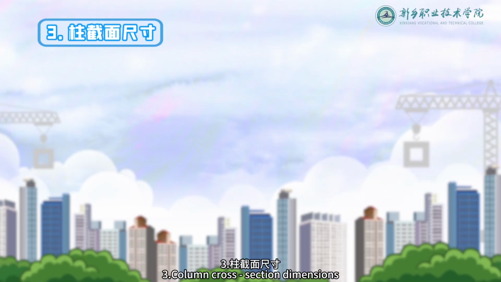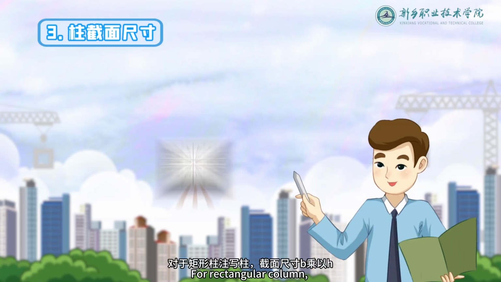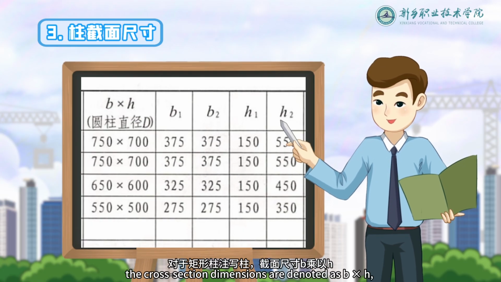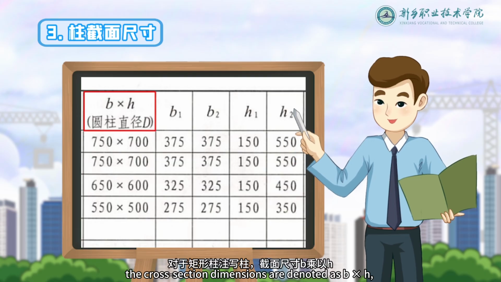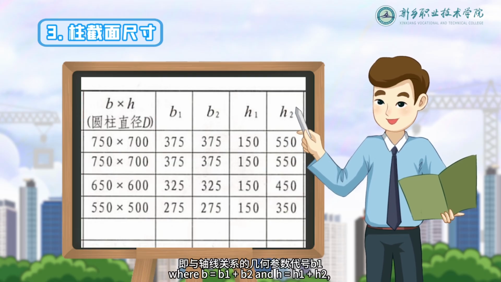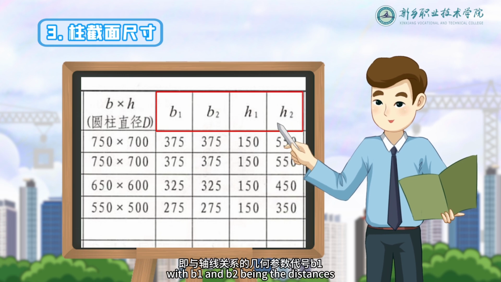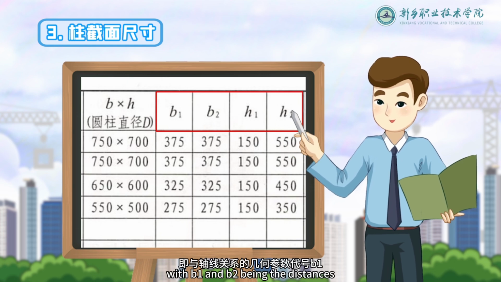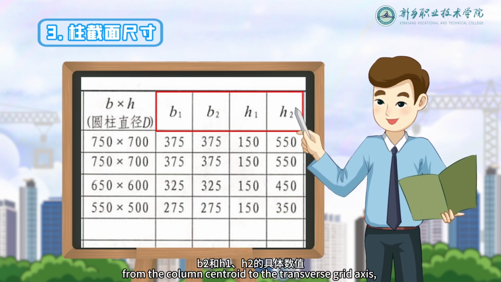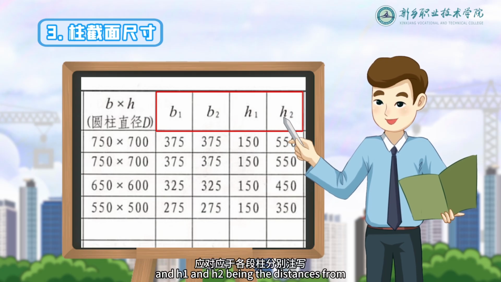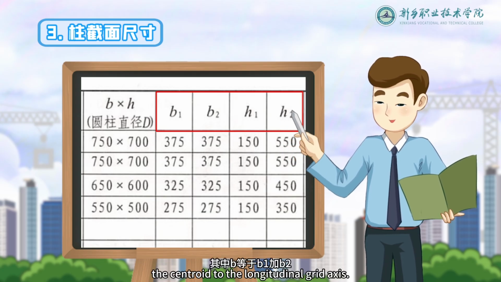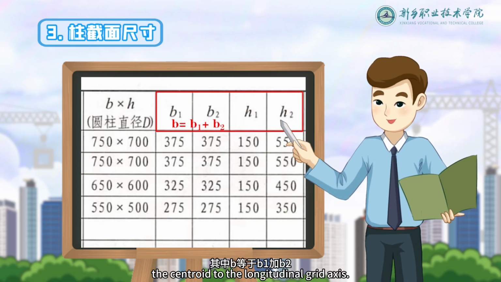Third, column cross-section dimensions. For a rectangular column, the cross-section dimensions are denoted as b multiplied by h, where b equals b1 plus b2 and h equals h1 plus h2, with b1 and b2 being the distances from the column centroid to the transverse grid axis, and h1 and h2 being the distances from the centroid to the longitudinal grid axis.